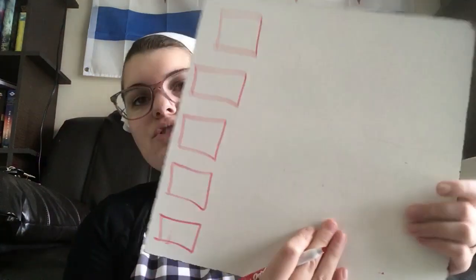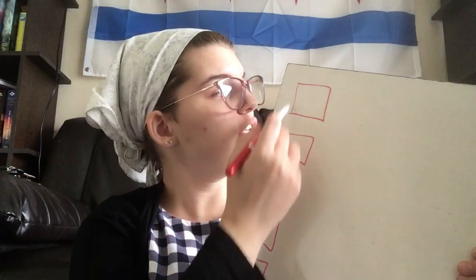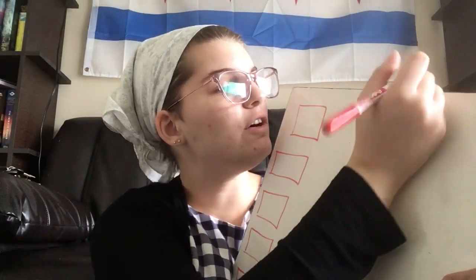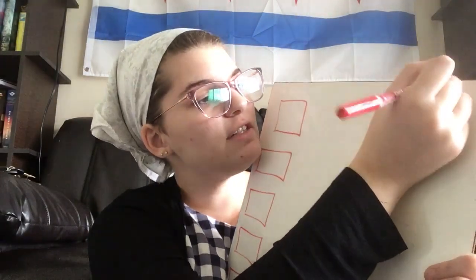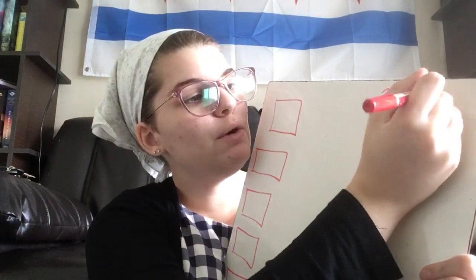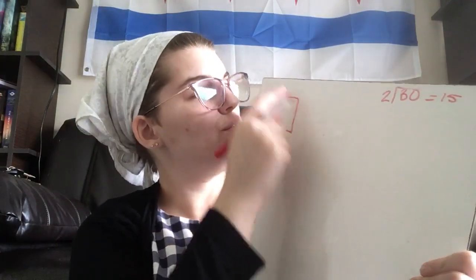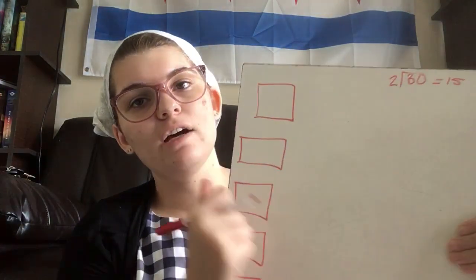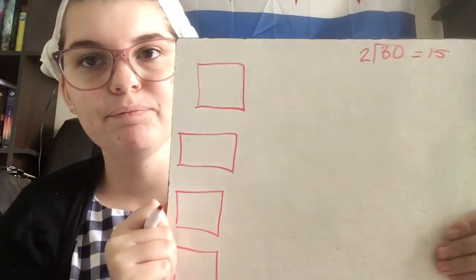So let's draw our rectangles. Again, to find just 2 of our sides of our rectangle, we can do 30 divided by 2, which we know is 15. So 2 of our sides have to add up to 15 for our perimeter, okay?